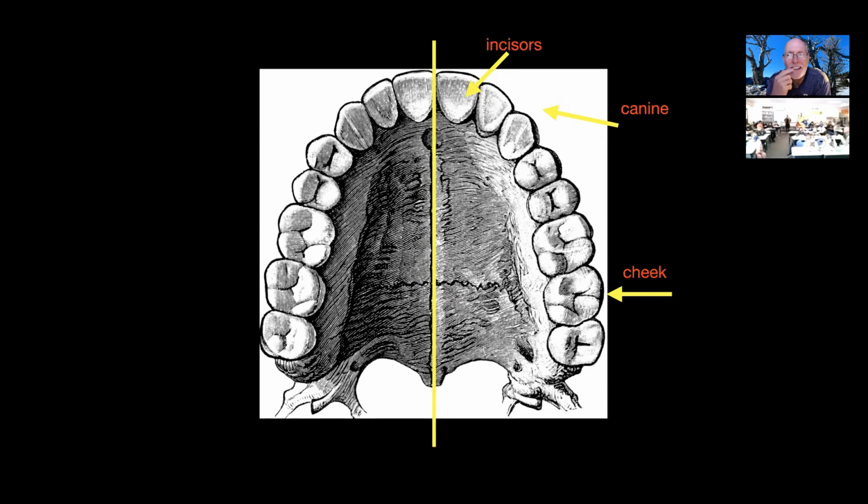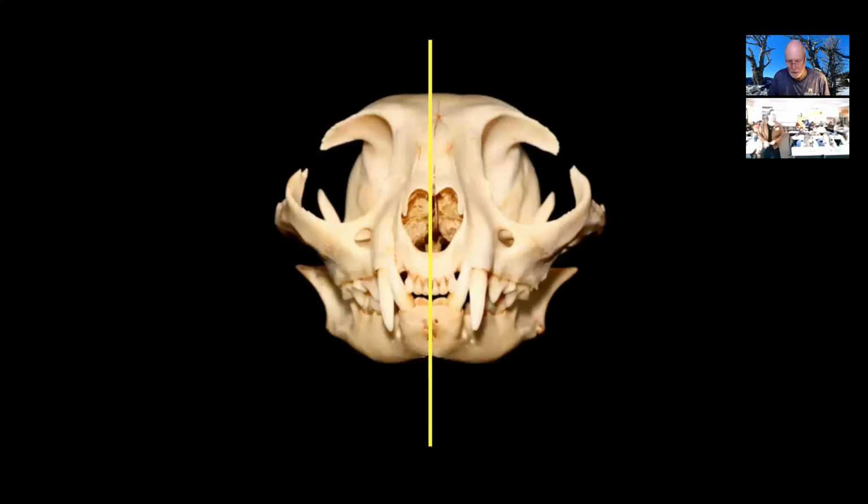And then the next teeth are your canine teeth, your pointy teeth. And then you've got your cheek teeth or your molar types in the back. Now, did you know that a skull can be divided in half and the left-hand side and the right-hand side are matching pairs?